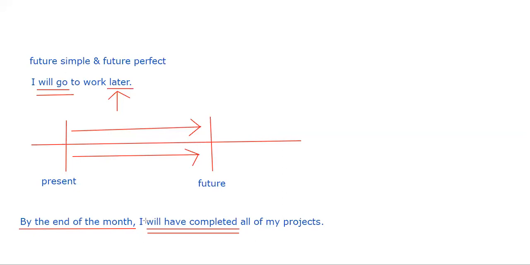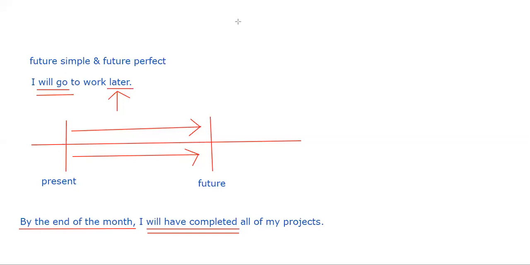If it leads to another point in time in the past, it's the past perfect. If it leads up to the present, then it's the present perfect. But if it leads up to some time in the future, it's the future perfect. Compared to the simple aspect, which just means that events take place at one point in time, and they don't lead up to any other point in time.